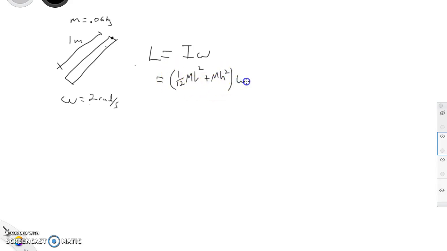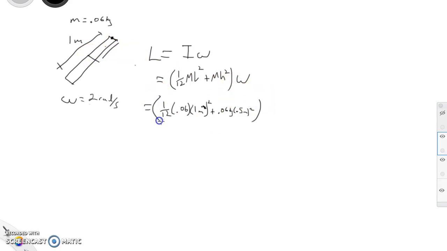So that's 1/12 times 0.06 times 1 meter squared plus 0.06 kilograms times 0.5 meters squared, because half of a meter is our distance from the center of mass.